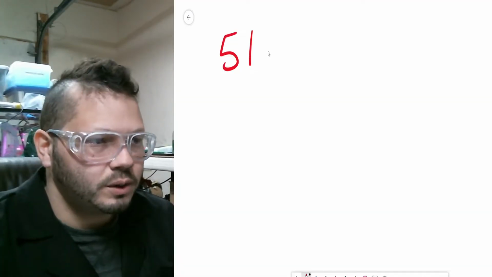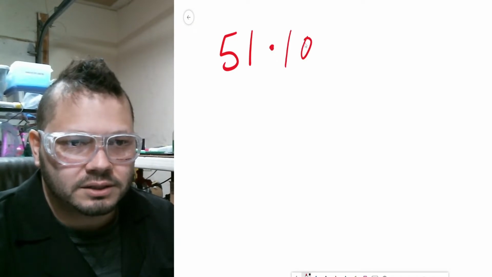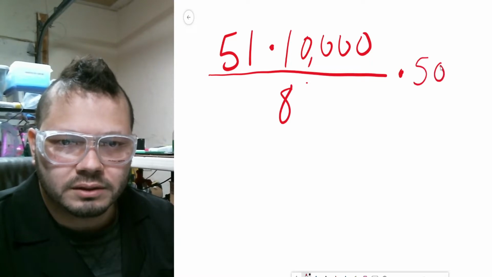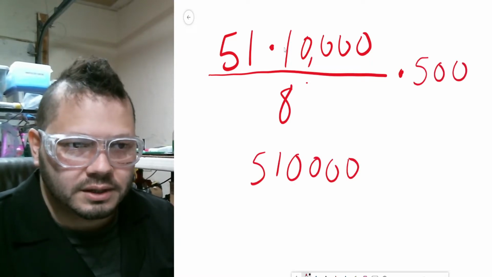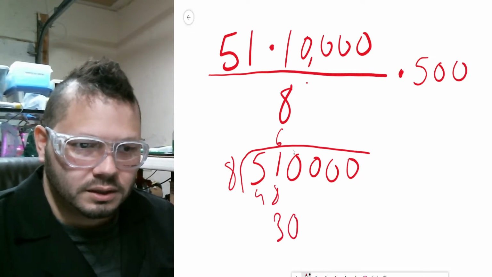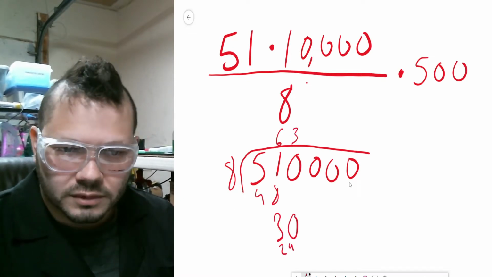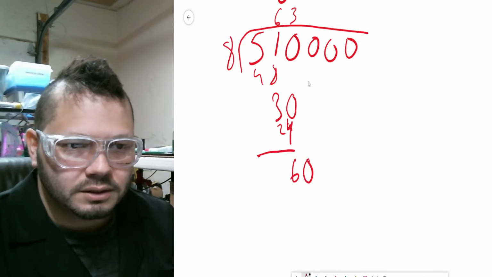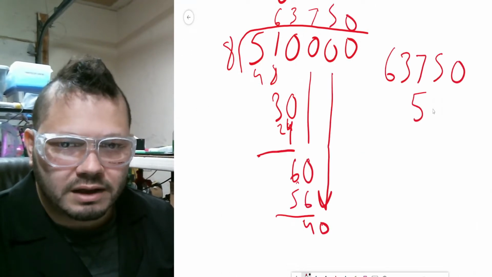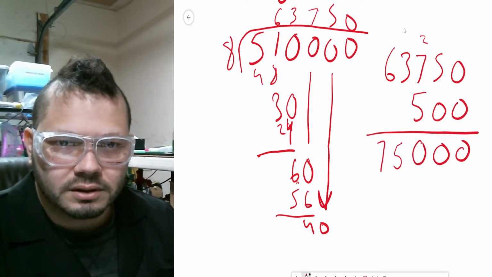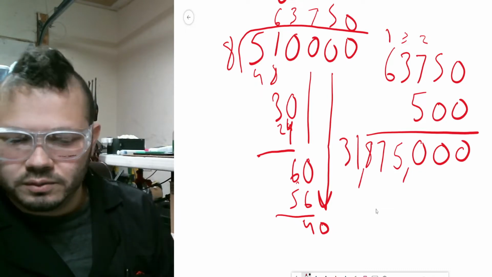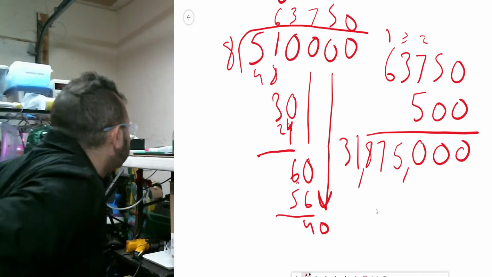Now the equation is 51 times 10,000 divided by 8 times 500. And we're at 31.8 million.